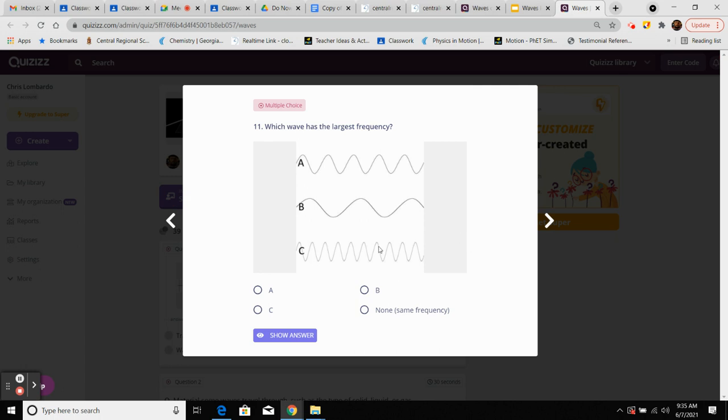Which letter? C. But since it has the highest frequency, what do you notice about its wavelength? It's also smaller. So if I make it less frequent, like letter B, now what do you notice about the wavelength? It got bigger. So they're inverse of one another. As one goes up, the other's going to go down.